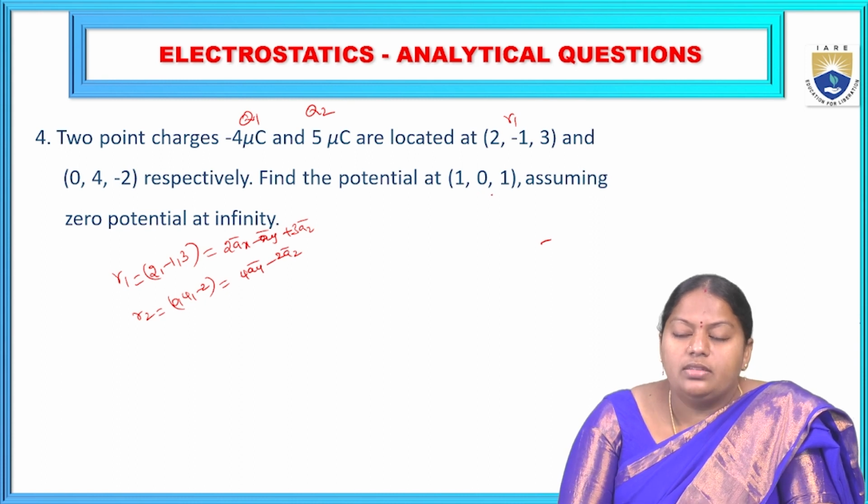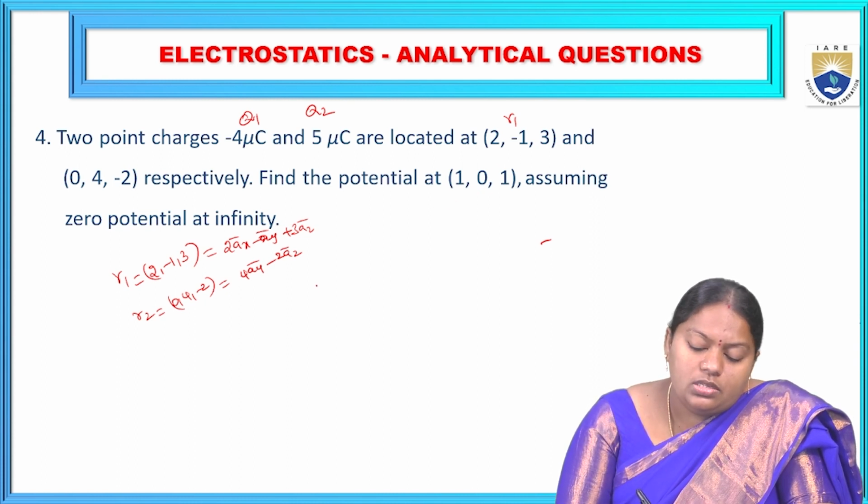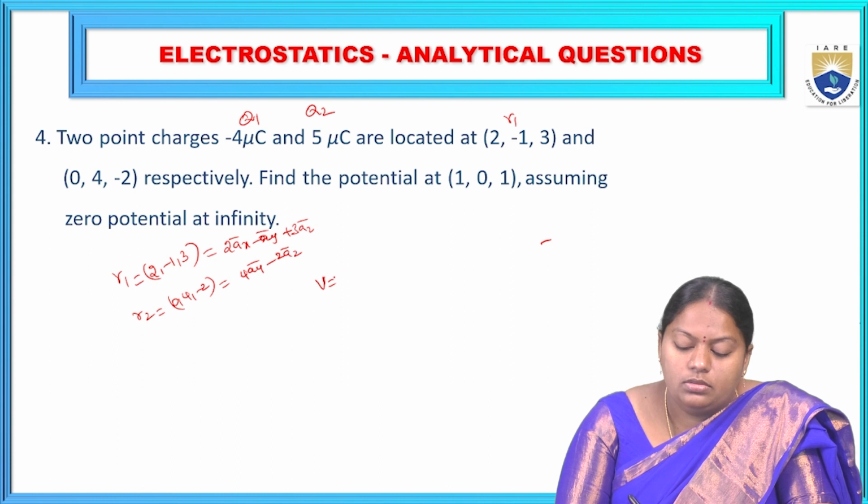Now find the potential at this particular point. We know that V is given by W by Q, or work done per unit charge, and the potential difference VAB can be considered as VA minus VB.